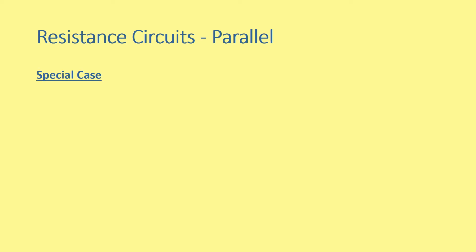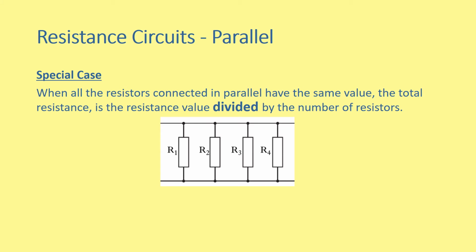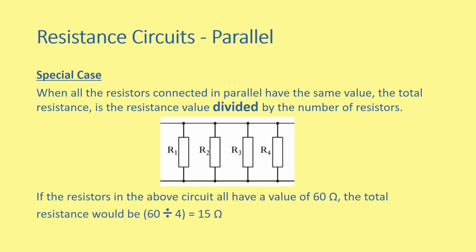As with series circuits, there is a special case. When all the resistors connected in parallel have the same value, the total resistance is that resistance value divided by the number of resistors. So we have a look here, we have 4 resistors. Each of the resistors has the same value. So the total resistance is going to be that value divided by 4.